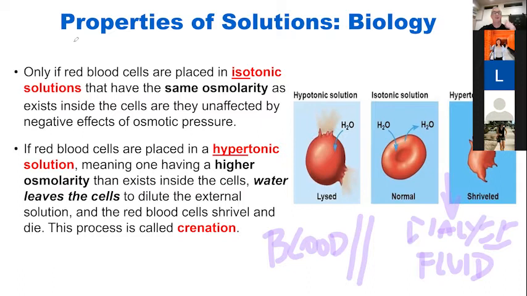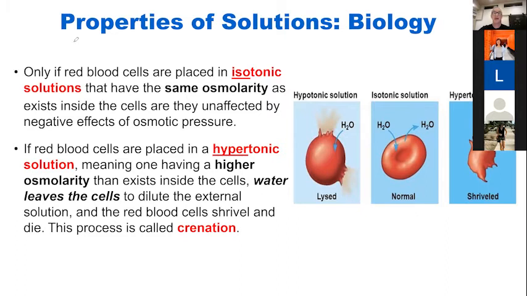And so if the blood had a lower concentration of the ions or whatever it is you wanted, they would move from the fluid into the blood. And if the blood had a higher concentration of those things that you wanted, they would move from the blood into the dialysis fluid. So basically, by the end of it, the blood and the dialysis fluid would have the same concentration of all of those ions that you would allow to move back and forth. So yeah, it's a really good point to point out.